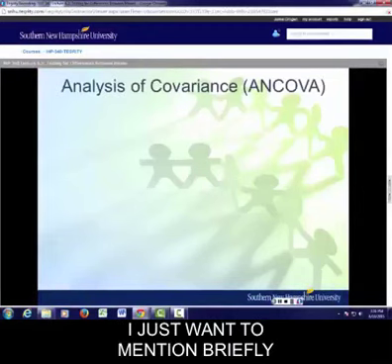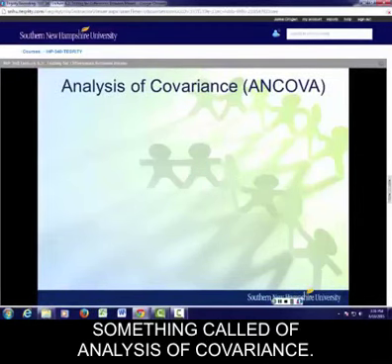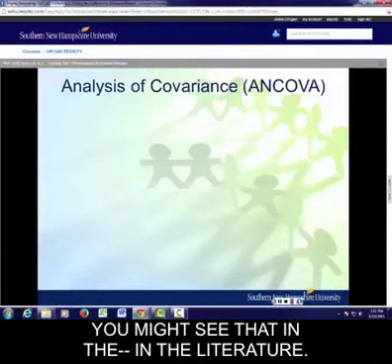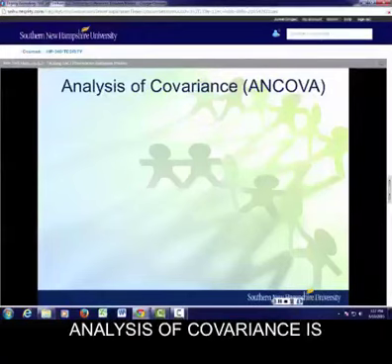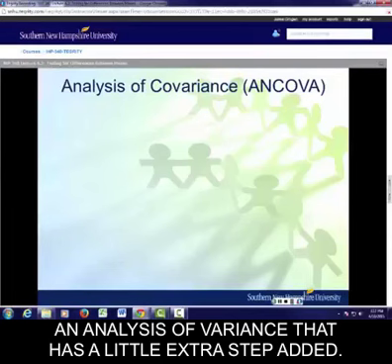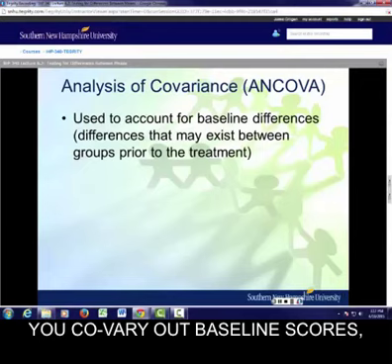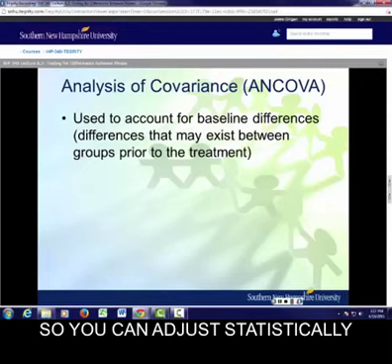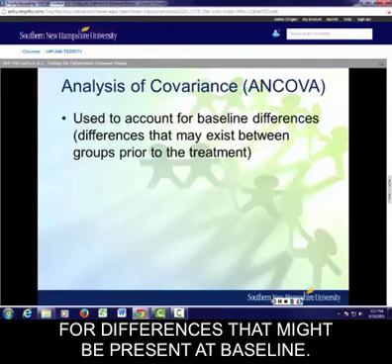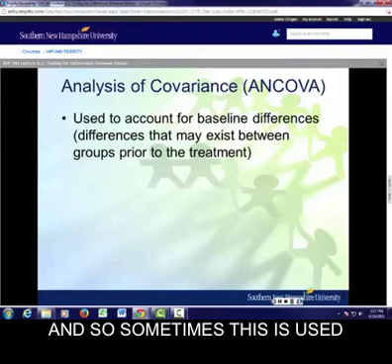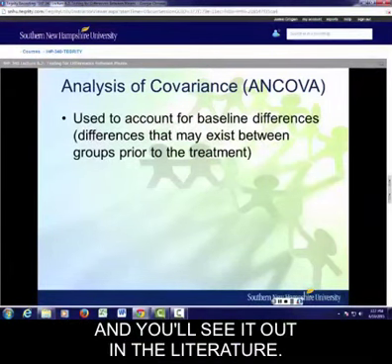I just want to mention briefly something called analysis of covariance. You might see that out in the literature. Analysis of covariance is an analysis of variance that has a little extra step added. You covary out baseline scores, so you can adjust statistically for differences that might be present at baseline. Sometimes this is used, and you'll see it out in the literature.